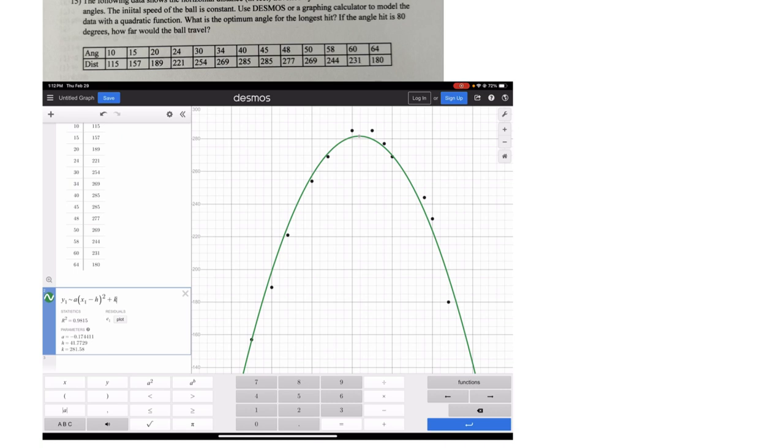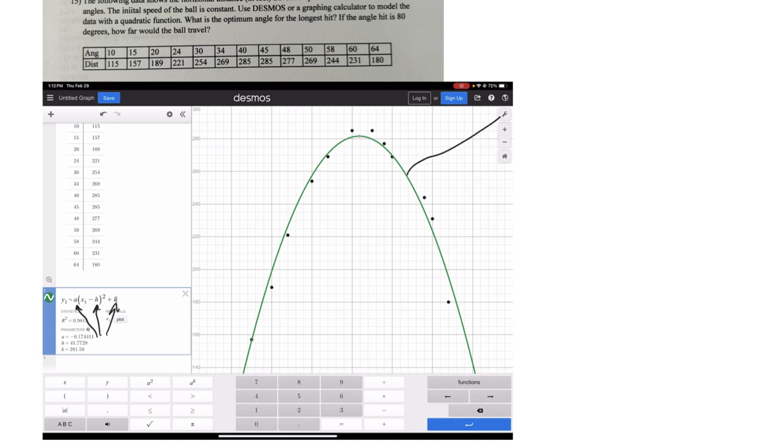Okay, so now that I have had DESMOS determine some variables or the function that those dots would represent, I need to put all that data back into where the A, H, and K are.